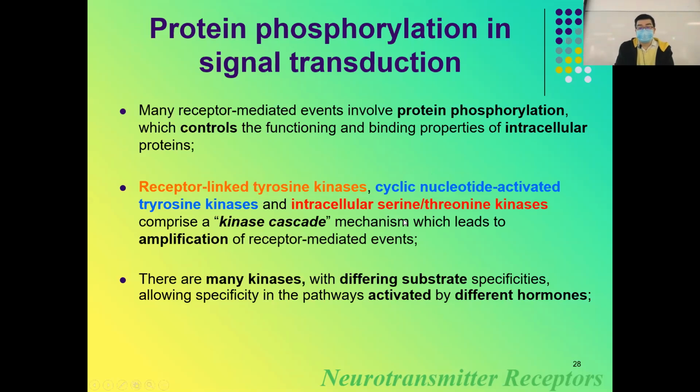So those need to integrate together, and then that will have an output. So there are many kinases with very different substrates, and those have been studied quite well in terms of the different phosphorylations. And in other classes, you may have heard about those as well.